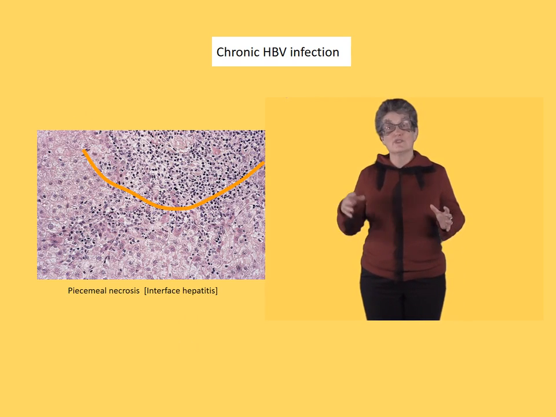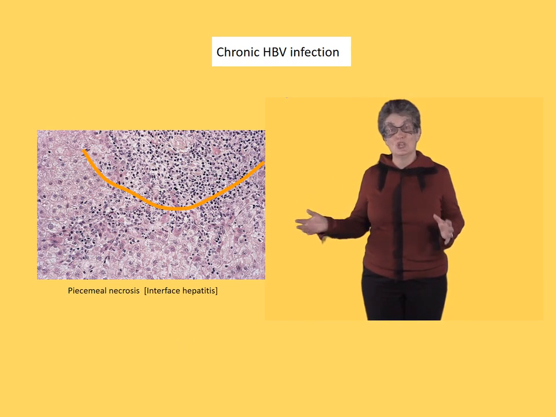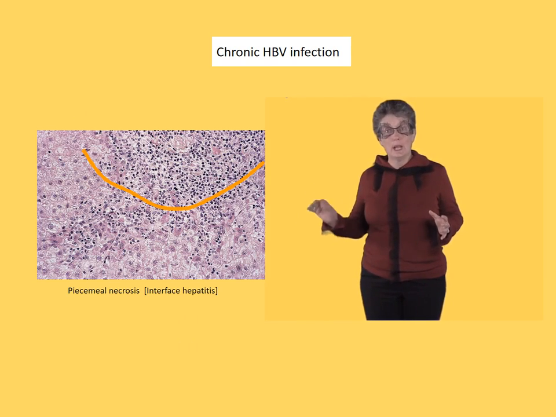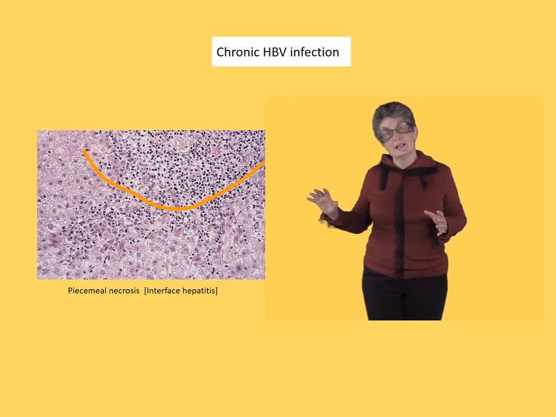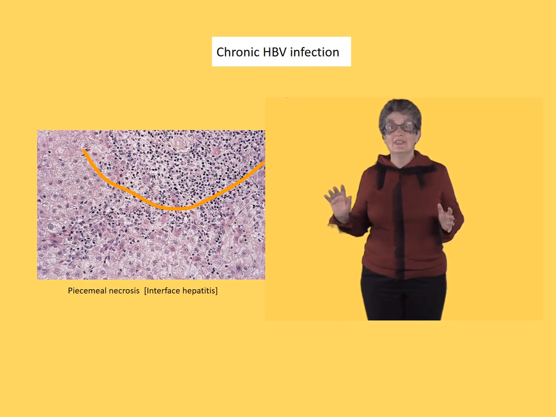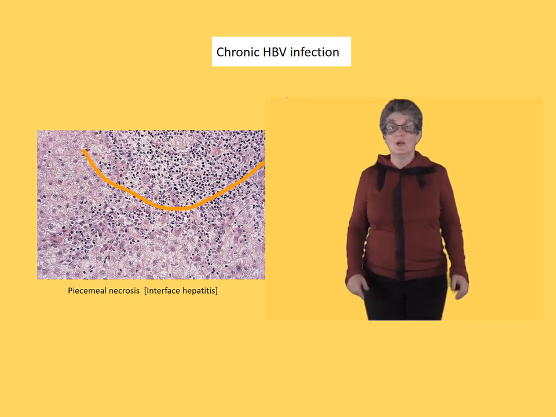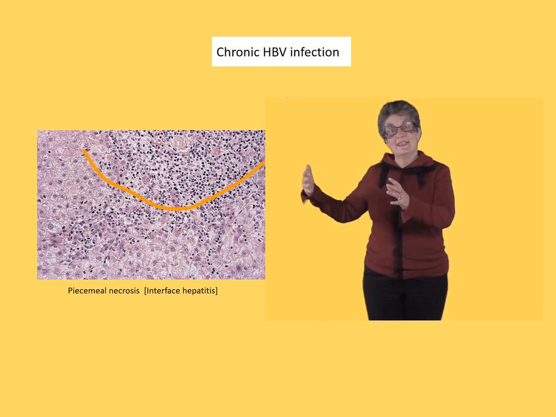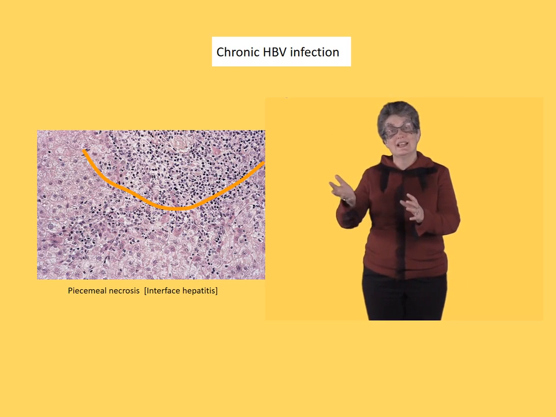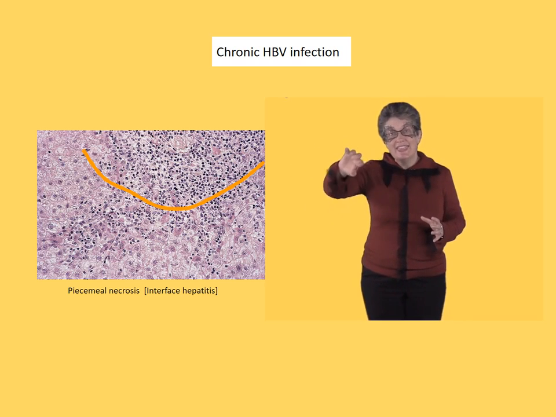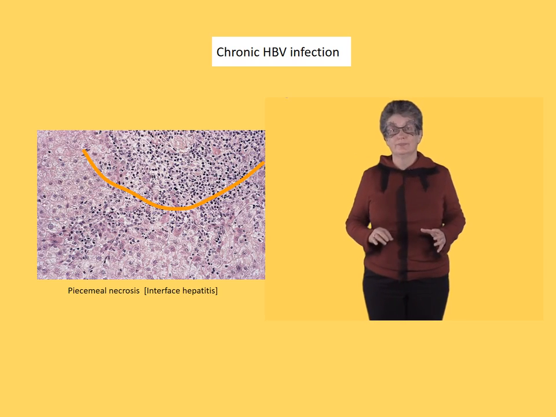In this slide of chronic hepatitis B infection, we can see in more detail piecemeal necrosis, also known as interface hepatitis. The little dark cells, well, they're lymphocytes, and the larger paler cells, well, they're liver cells. We can see that the lymphocytes are spreading into the groups of liver cells, eating away at the edges of those groups.